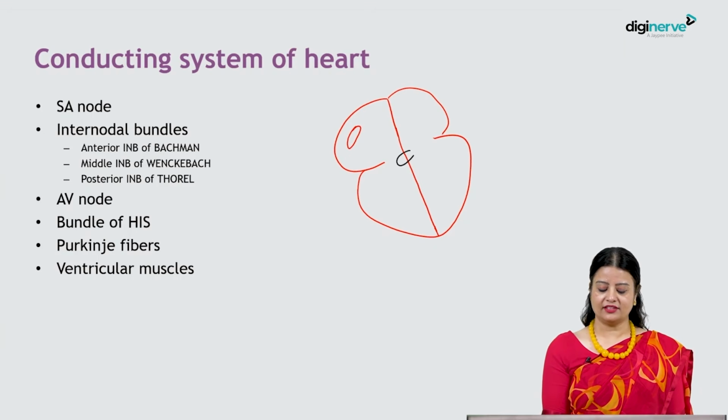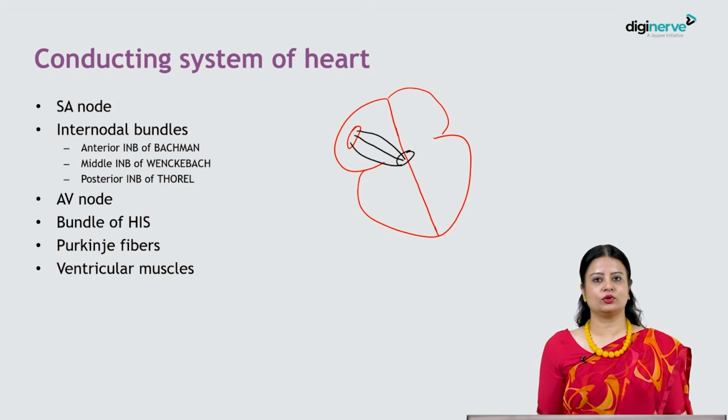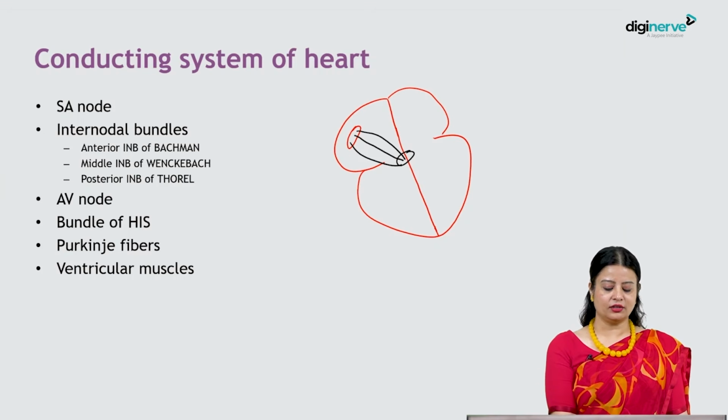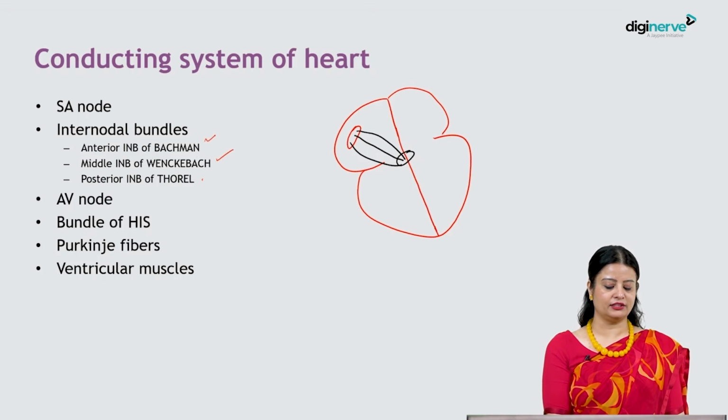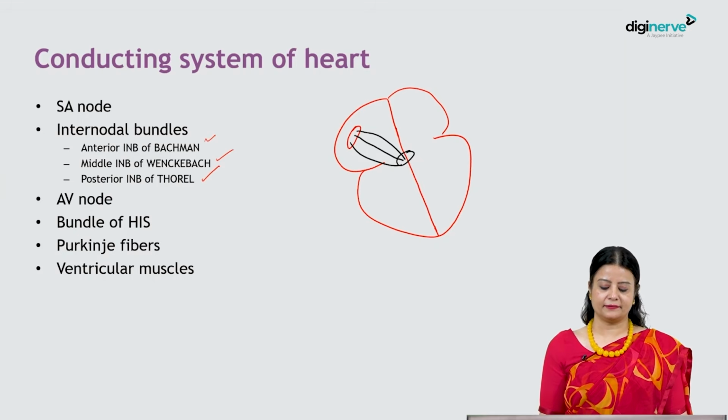Then we have the AV node. The SA node is connected to the AV node through three internodal branches. The internodal branch of Bachmann, the internodal branch of Wenckebach, and the internodal branch of Thorel.